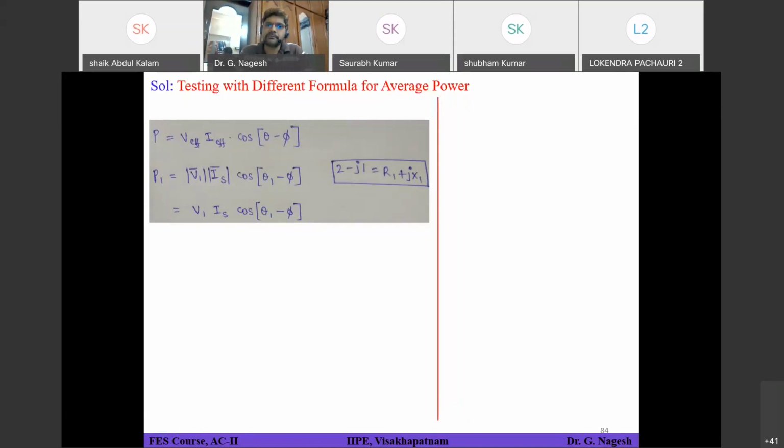Here R1 is 2 and X1 is, I think, minus 1. Whatever it may be, if I write in terms of Z, it will be R1 divided by Z1. Okay, correct now?